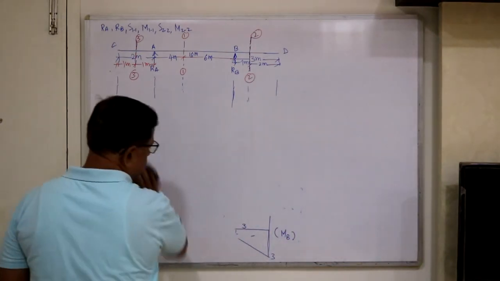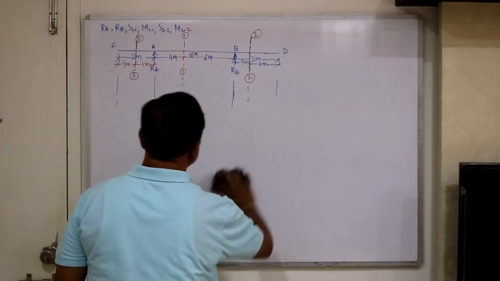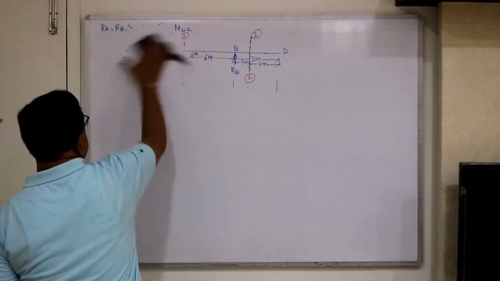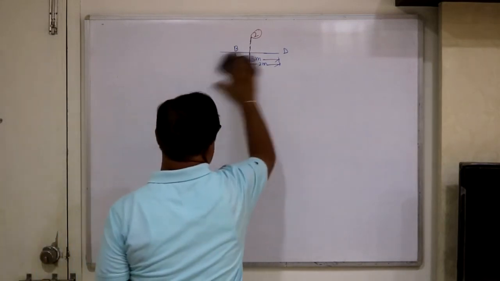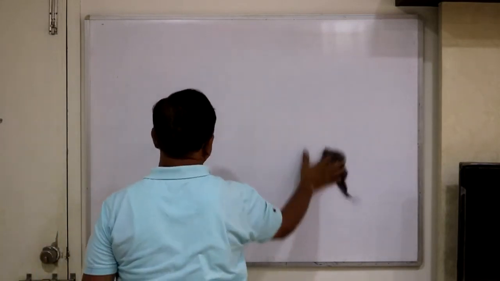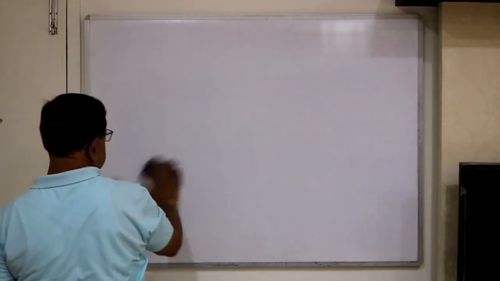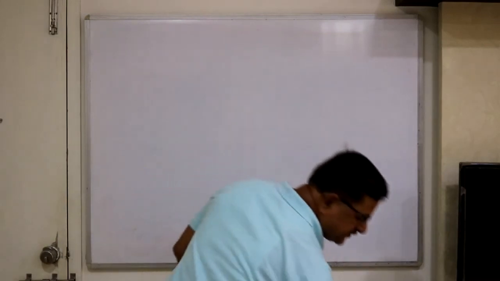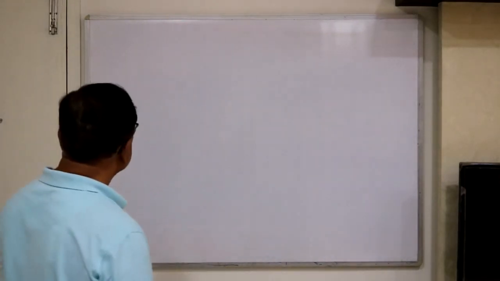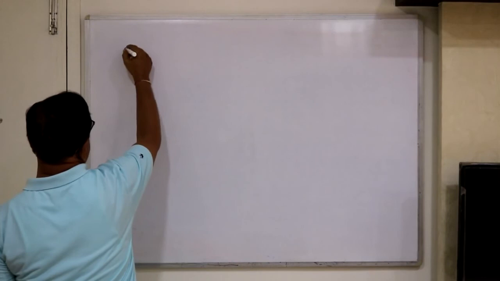Now next, one more problem. Say we have seen cantilever beam, simply supported beam, overhanging beam with overhangs. Now say compound beams.